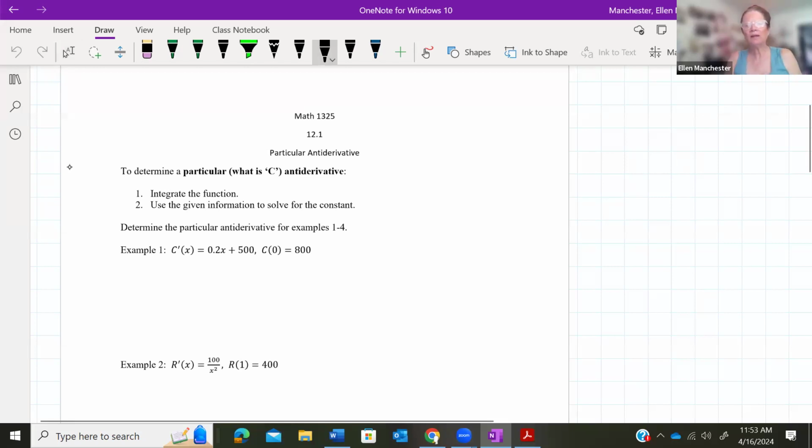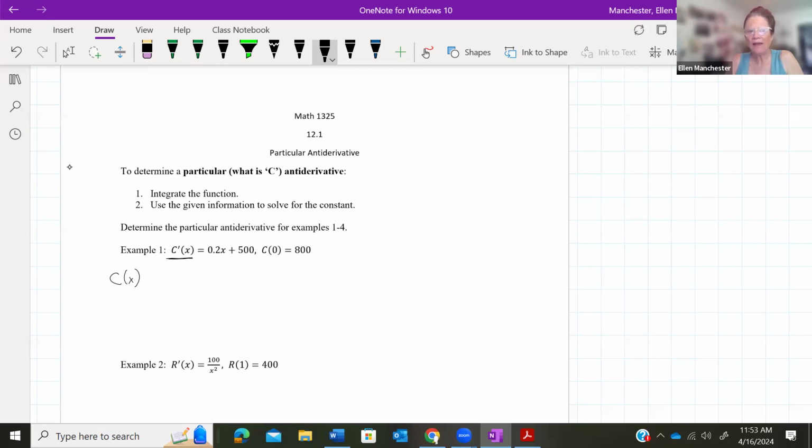So remember what an antiderivative is. An antiderivative is you are looking for, 1, the area under the curve, which doesn't apply just yet. We don't have a visual just yet. We will on Thursday. But we're also changing the derivative back to the cost function. So this is marginal cost, right? Derivative of the cost.